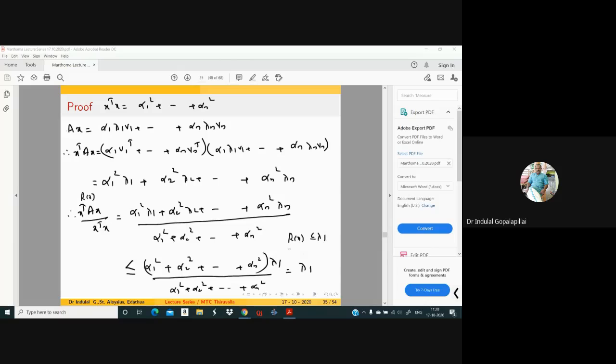Therefore, the supremum of the Rayleigh quotient is also less than or equal to lambda 1. We call it 2. We have already noticed that the supremum of the Rayleigh quotient is greater than or equal to lambda 1. Combining these two, the supremum of the Rayleigh quotient is the largest eigenvalue lambda 1.